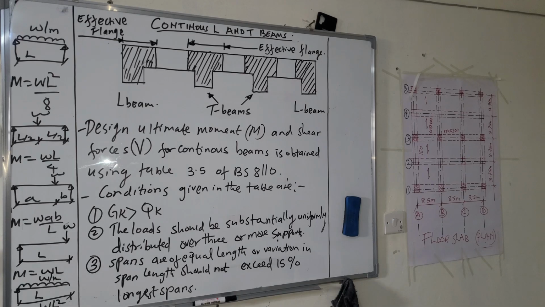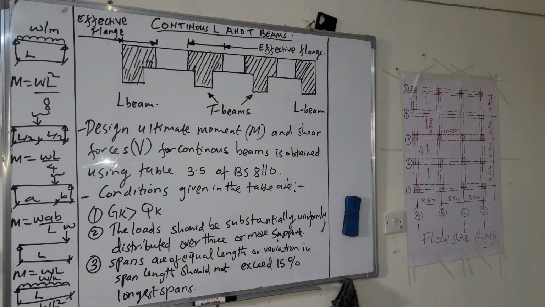So I was talking about the design ultimate moment M and the shear force V for a continuous beam which has more than two supports. So we have a table, and this is Table 3.5 of BS 8110.